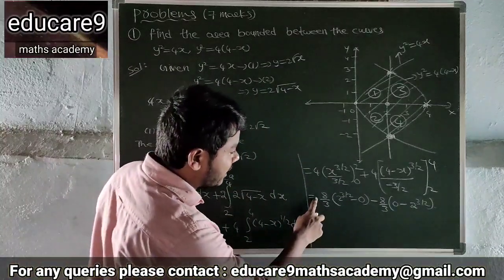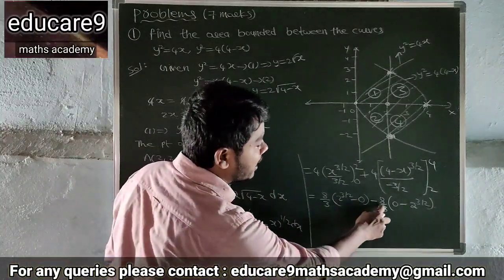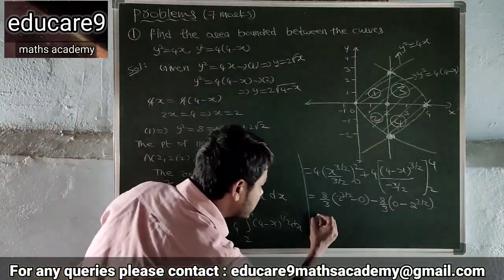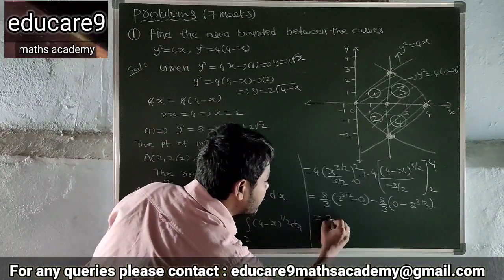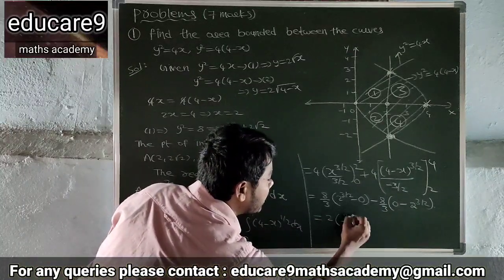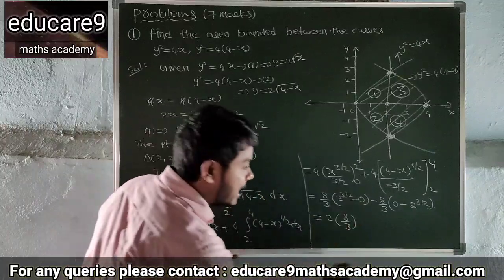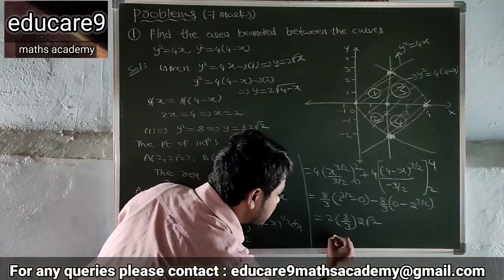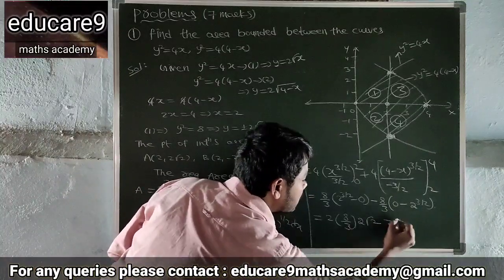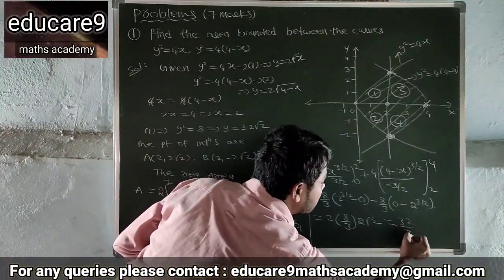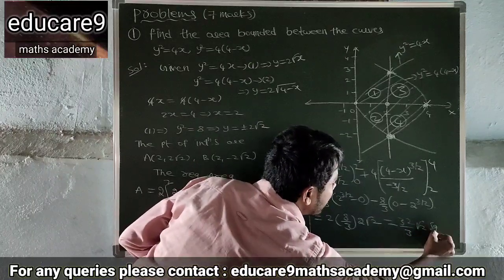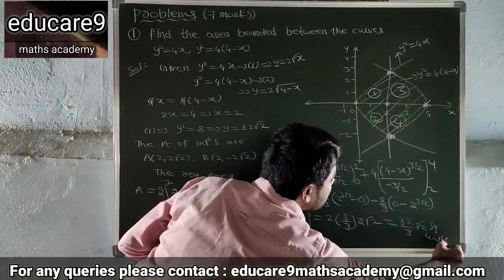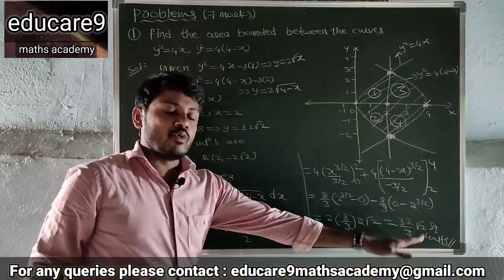Clearly here 8 by 3 into 2 power 3 by 2, again plus 8 by 3 into 2 power 3 by 2. This is 2 times 8 by 3 into 2 power 3 by 2, written as 2 root 2. So clearly this is 32 by 3 root 2 square units. This is the required area.